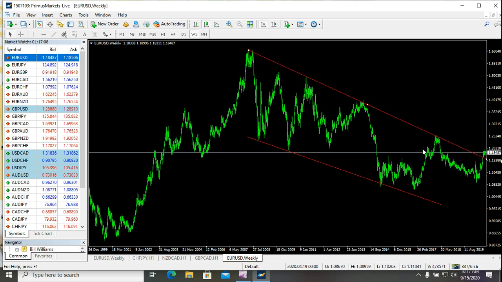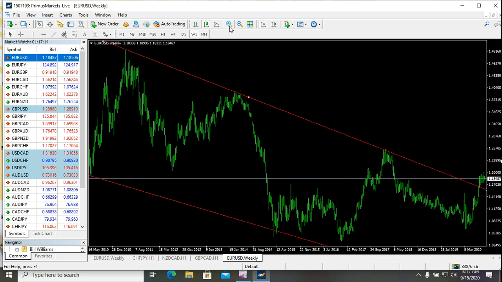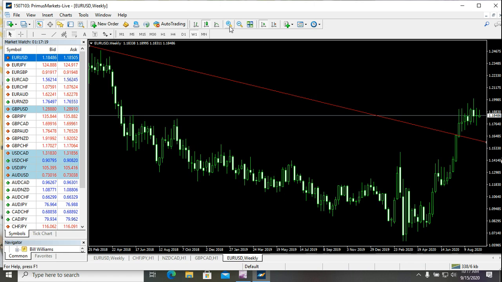Yes, people can also draw this. Others can draw this, and when they draw this, then they can comfortably say that the trend line has been broken, and so what we are seeing here is just a consolidation after the trend line has been broken.